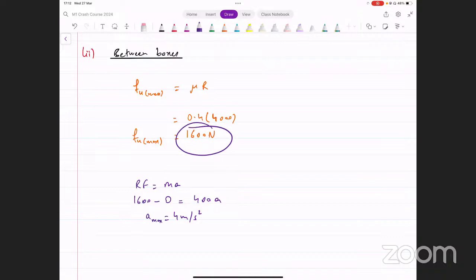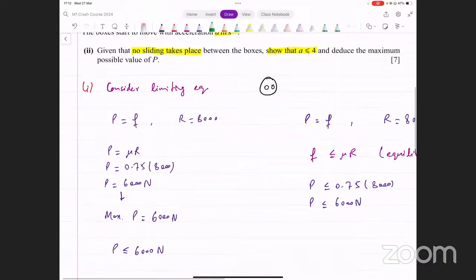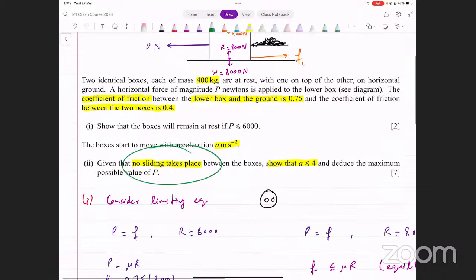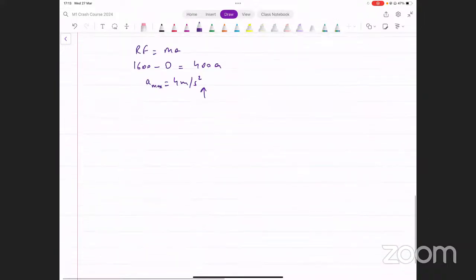If acceleration was to be any bigger than this, friction would also need to be bigger than 1600 Newton. And since that is not possible, if acceleration was more than 4 meters per second squared, the upper box is actually going to slide down. And that's what they're saying cannot happen. There's no sliding that takes place, which means the maximum possible value of acceleration is 4.